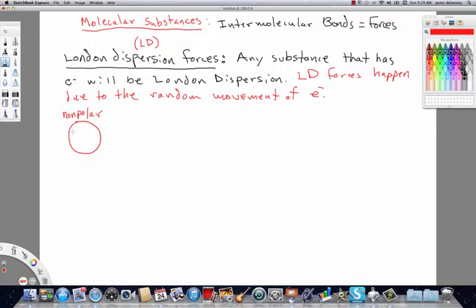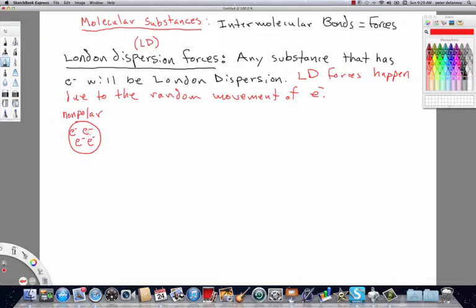Your nonpolar molecule could be a noble gas, or a neutral 7A element like fluorine, chlorine, bromine, or iodine, for example. Those particles have electrons in them, and those electrons are in constant movement.